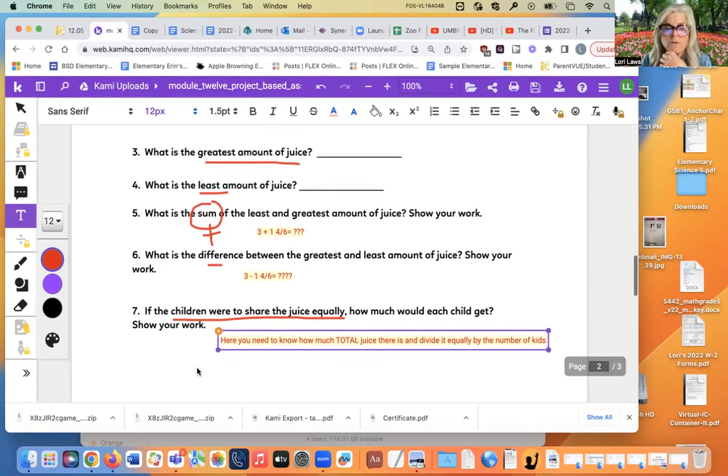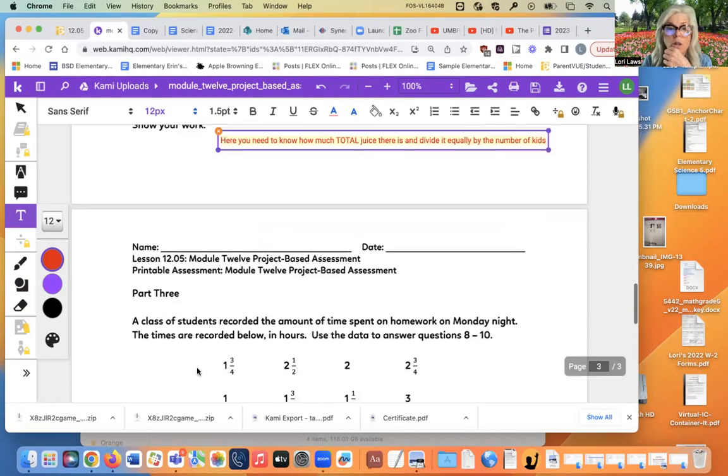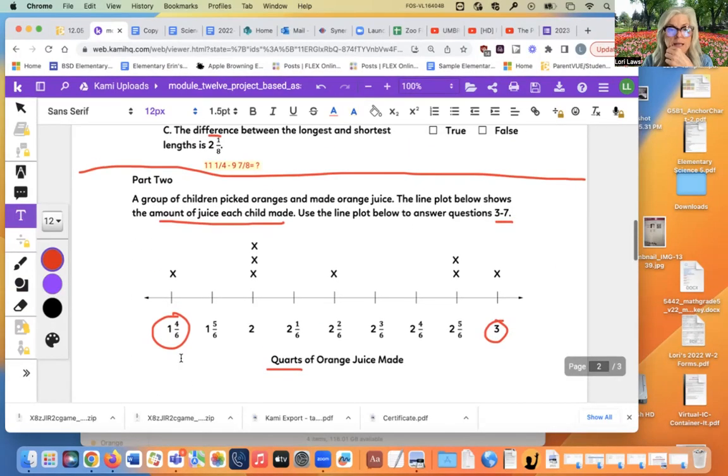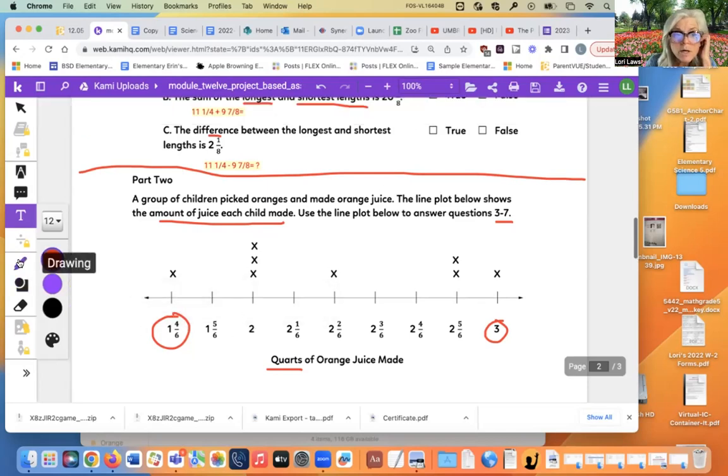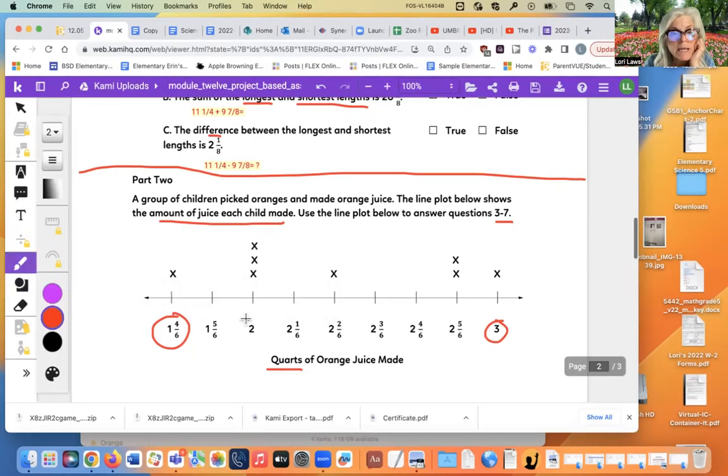So how do I figure that out? I'm going to have to do a whole lot of calculation. In other words, I'm going to have to go 1 times 1 4/6. That's 1 4/6. I'm going to have to go 2 times 3, which is going to be 6. 2 times 3, because there's 3 x's, right?